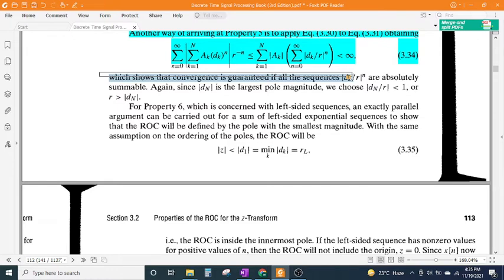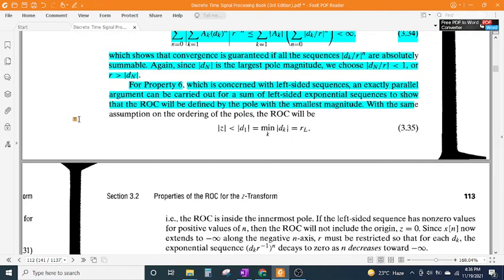Again, since |d_N| is the largest pole magnitude, we choose |d_N / r| < 1, or r > |d_N|. For Property 6, which is concerned with left-sided sequences, an exactly parallel argument can be carried out for a sum of left-sided exponential sequences to show that the ROC will be defined by the pole with the smallest magnitude. With the same assumption on the ordering of the poles, the ROC will be |z| < |d_1| equals min over k of |d_k| equals r_L, Equation 3.35.